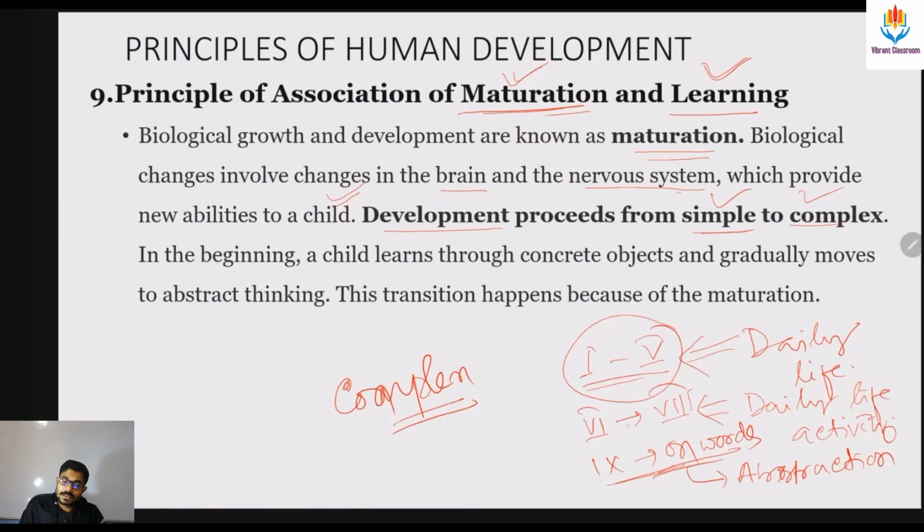Like in class 9 or 10, we find mathematical concepts, that is mensuration and trigonometry. Can we use the concept of trigonometry in our daily life situations? No. But trigonometry helps the individual in the higher education process.